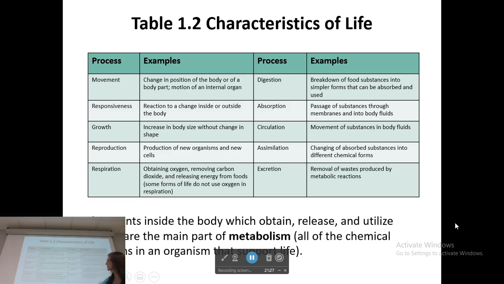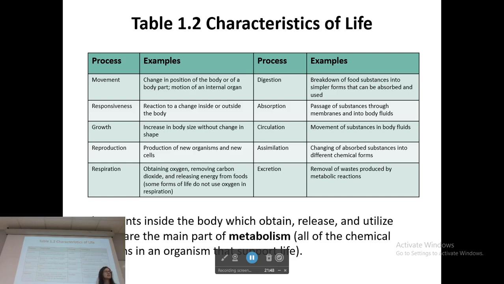The term metabolism down here, that's an important term, and this will definitely be on your test. Metabolism, you will definitely see that on your test. Okay, so you need to know that definition. Metabolism encompasses all of the chemical reactions that occur inside of the cell.